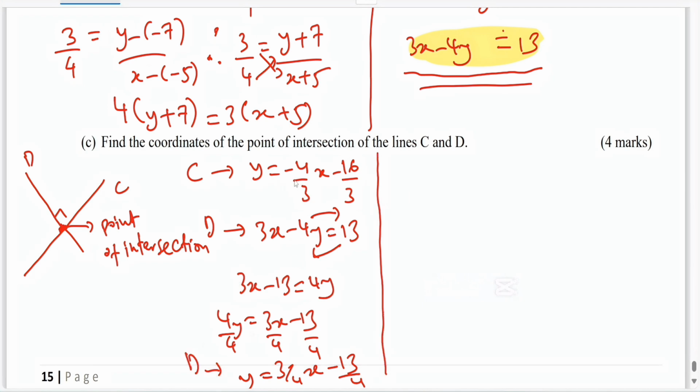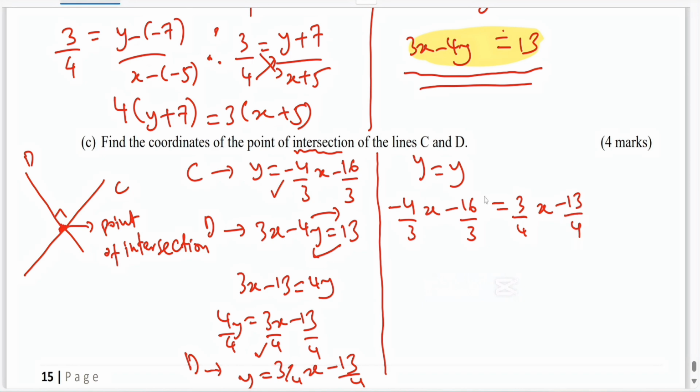Since both are y's, y equals y, so we equate the expressions: -4/3x minus 16/3 equals 3/4x minus 13/4.